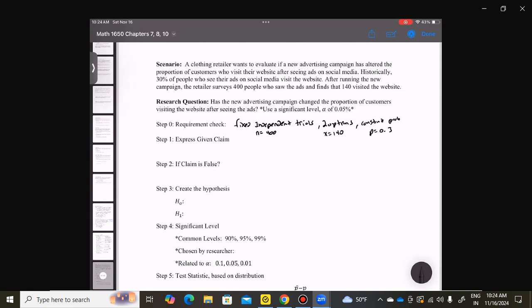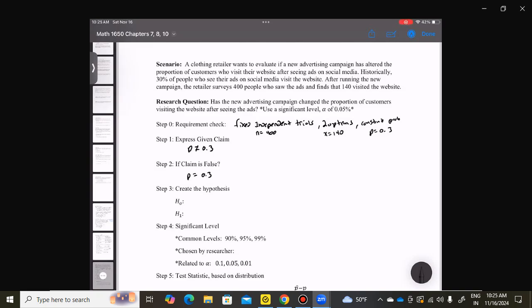Right, so we can express the claim here as p is not equal to 0.3, since we are looking to see if our new advertising has changed that proportion. And if our claim is false, then the proportion will be equal to 0.3.